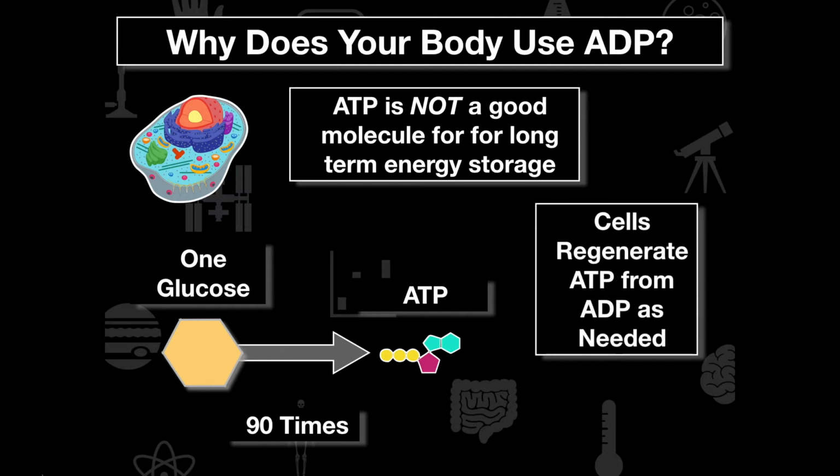So the cell is going to regenerate ATP from ADP as needed. And one of the things we have to understand here is plants are going to produce glucose, which is going to be converted into ATP. ATP is going to degenerate very, very quickly compared to other molecules. So it's more efficient for your body to store energy in glucose or ADP.